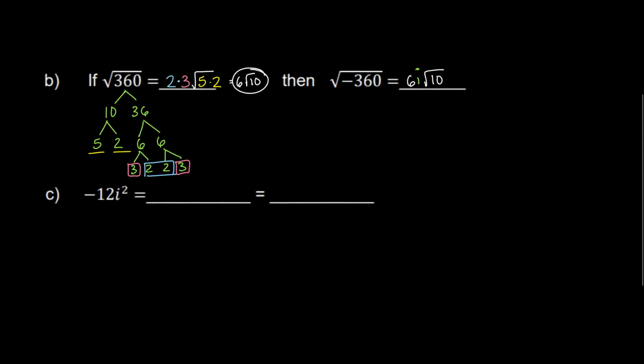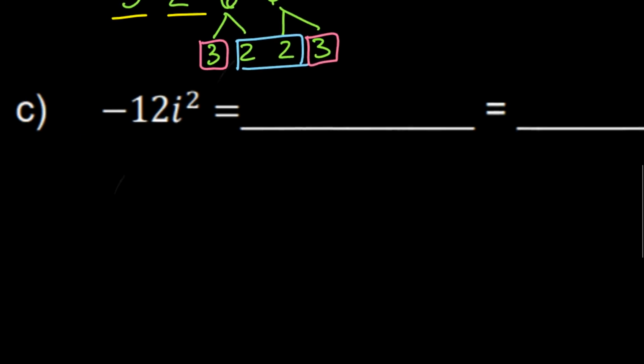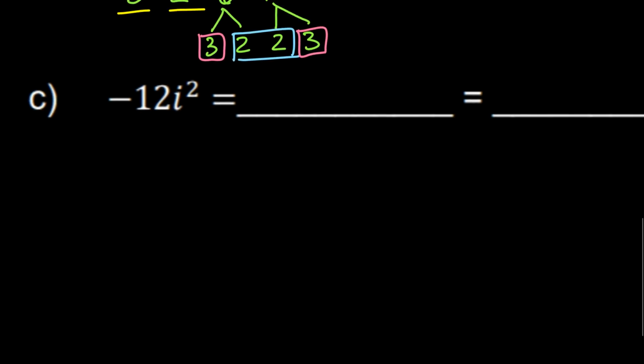Okay, last one. Here we have negative 12i squared. What do you think happens here? We learned that when we square i, what happens?